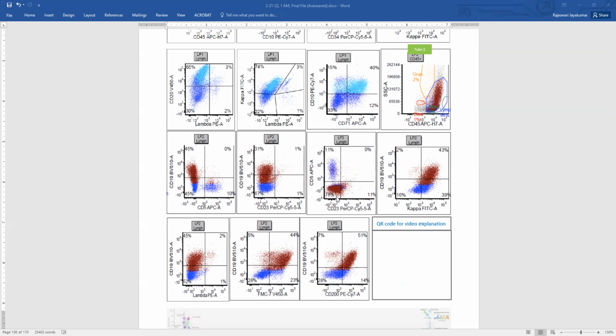CD23, its utility is usually to look for follicular dendritic cell markers, but sometimes in diffuse large B-cell lymphoma or high-grade follicular lymphoma, the neoplastic cells themselves can express CD23. So it might be difficult sometimes to interpret that from IHC, and flow cytometry helps in that regard. So here we see that our neoplastic cells are negative for CD23 also.